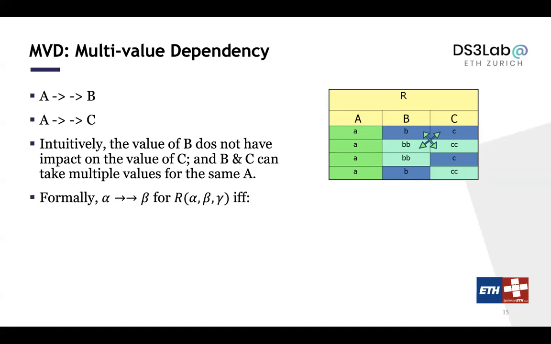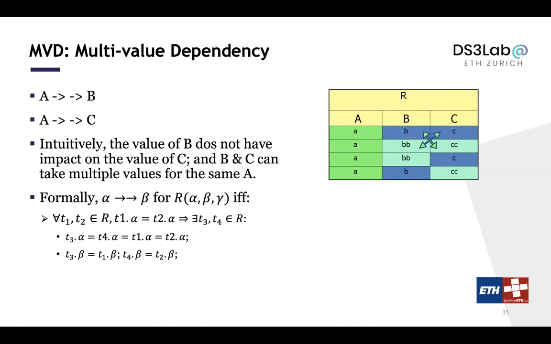Formally, we say there's a multi-value dependency from alpha to beta for a relational schema with 3 sets of attributes, alpha, beta, gamma, if and only if for all T1, T2 in R in one relation instance, if T1, T2 match on alpha, then you must be able to find 2 tuples in R, T3 and T4, such that all these 4 tuples, T1, T2, T3, T4, match on the value of alpha.